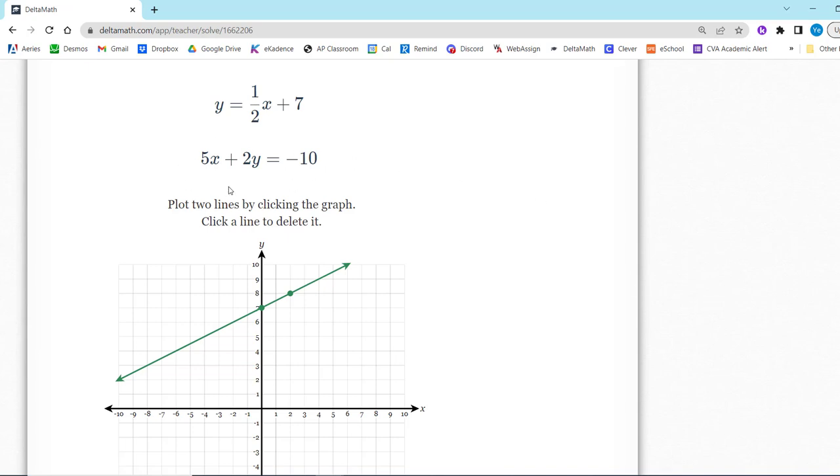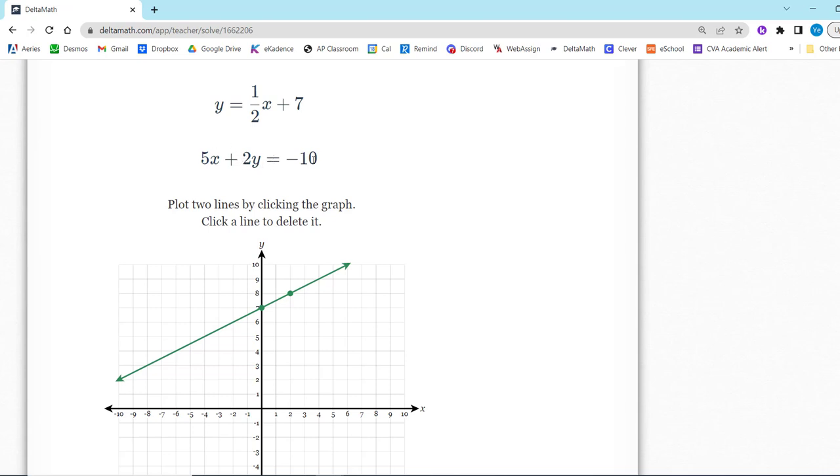Remember with standard form, guys, we could isolate y, meaning get y all by itself and rewrite it in the form y equals mx plus b. Or I can use the fact that this is standard form, which is really neat, using x and y intercepts. Please don't forget, we just need 2 points to draw the line. So what I'm going to do is think about the x-intercept. For the x-intercept, the y value is 0.